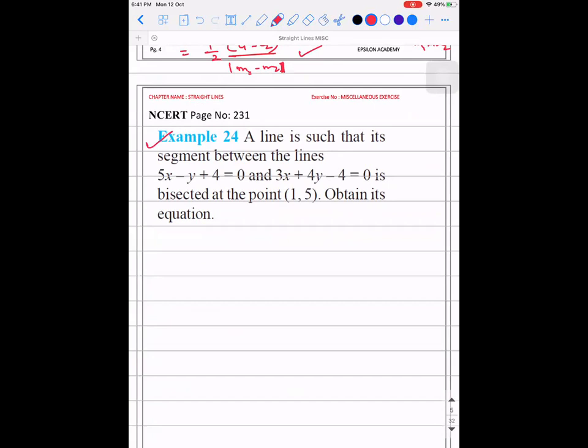Okay. Example 24. The line is such that its segment between the lines 5x - y + 4 = 0 and 3x + 4y - 4 = 0 is bisected at the point (1, 5). Obtain its equation. So there is a line 5x - y + 4 = 0.